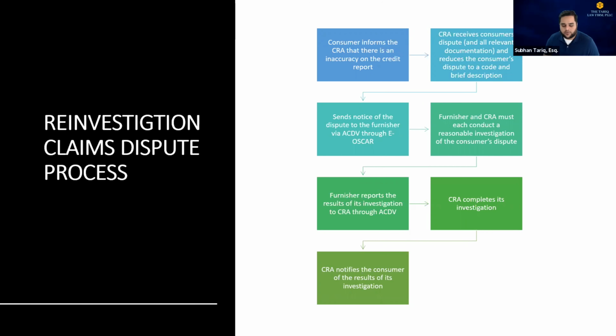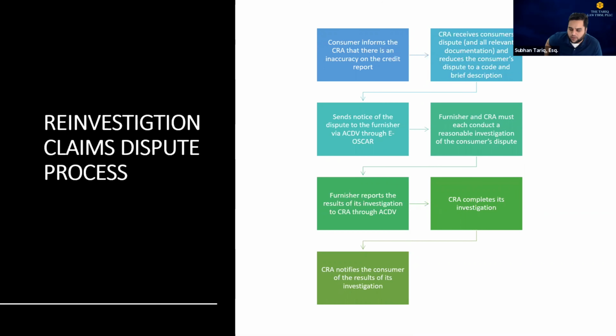The furnisher is supposed to conduct an investigation in their own systems and then report its results to the CRA. The CRA, the credit reporting agency, is supposed to conduct its own investigation. It's supposed to verify the information independently, whether that means requesting documentation from the furnisher.